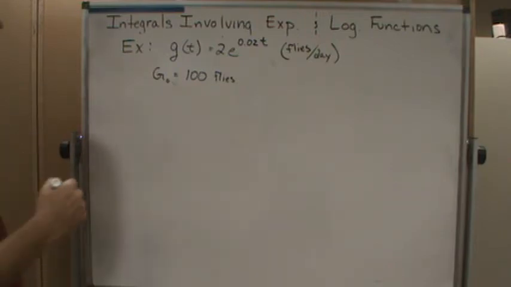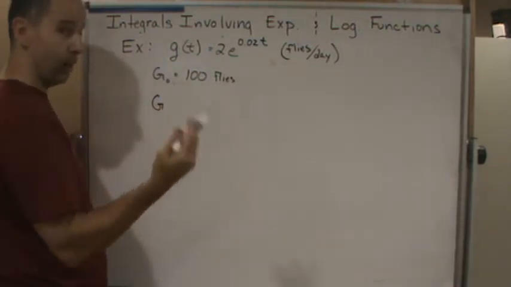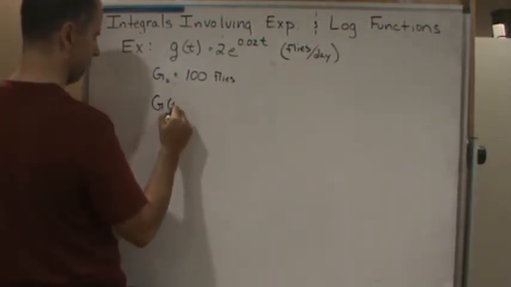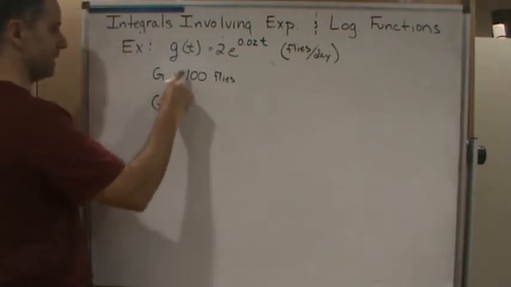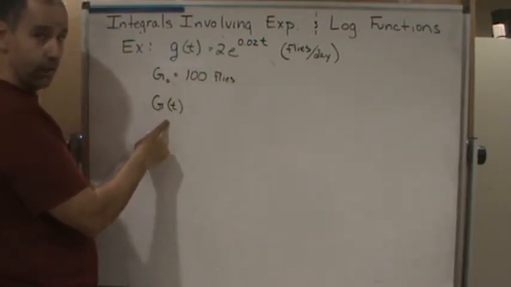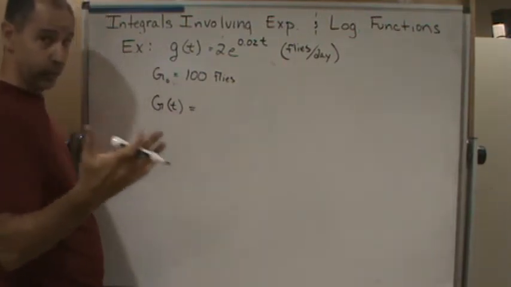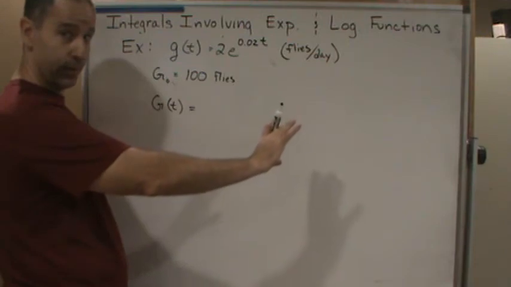Okay, so we're going to let G of t equal the amount of fruit flies. Now, because this is a rate function, remember, in order to get total amount, we're going to integrate, because total amount is the area under the curve.